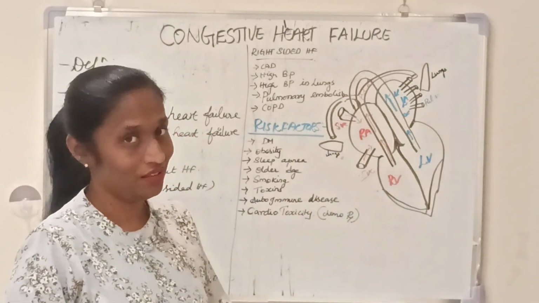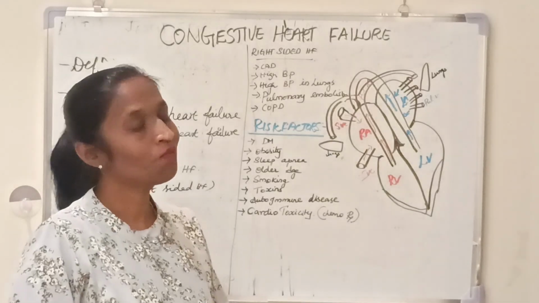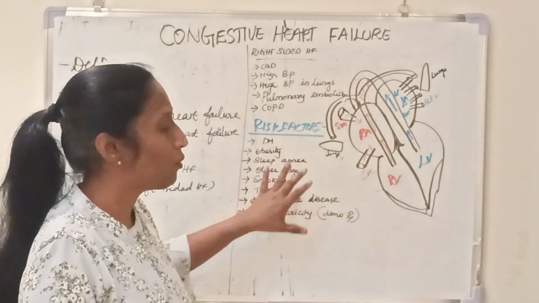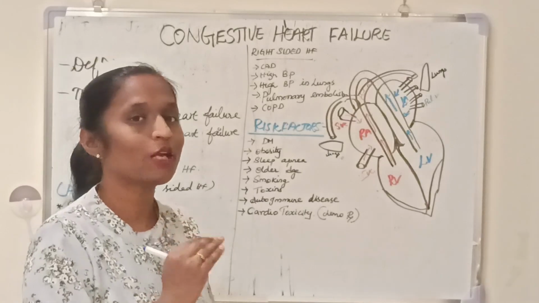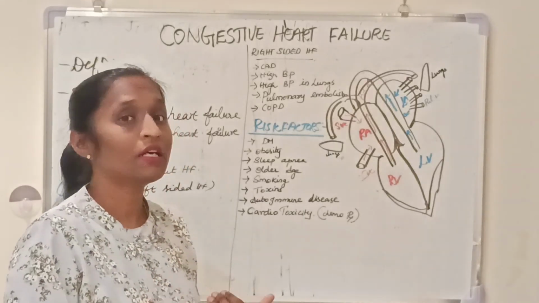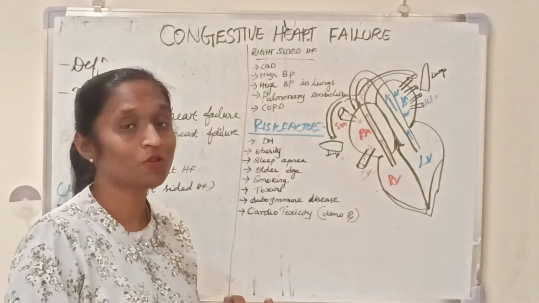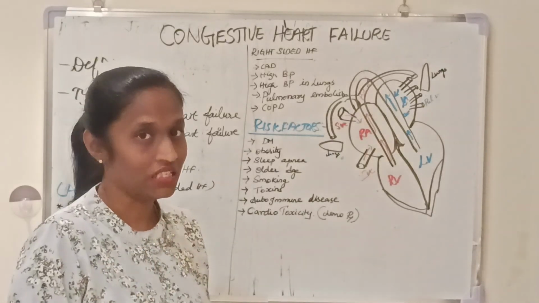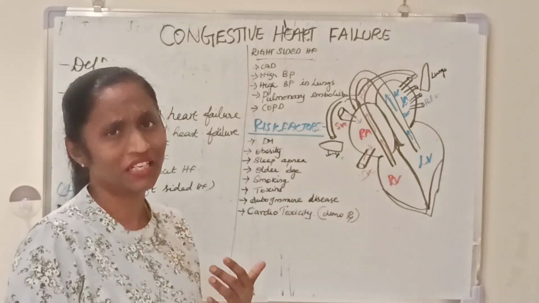So the purification also gets decreased, and there will be a stagnation of blood in all parts of the body. The person may perceive symptoms like edema in the abdomen, face and lower extremities, and breathing difficulty.